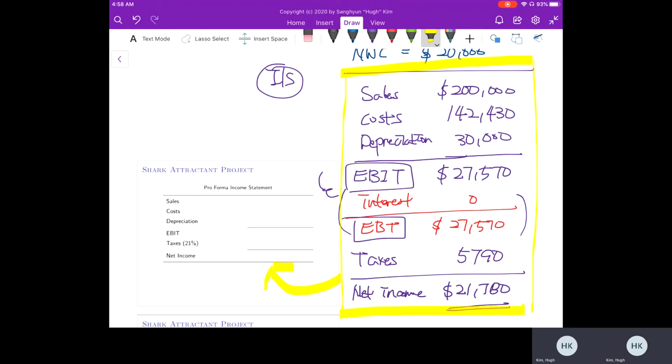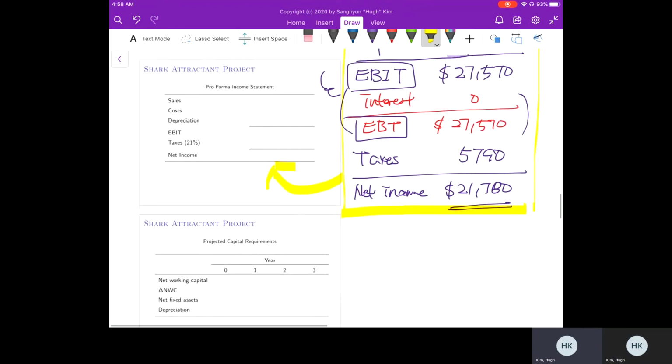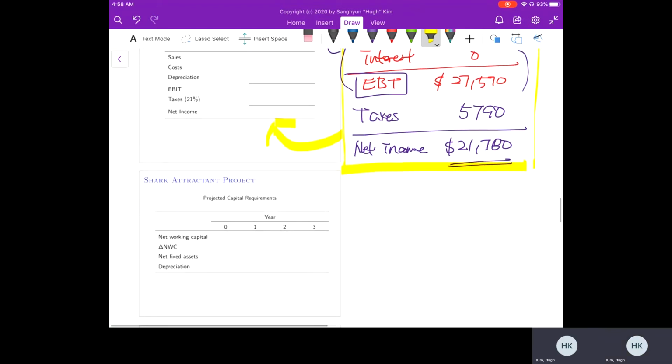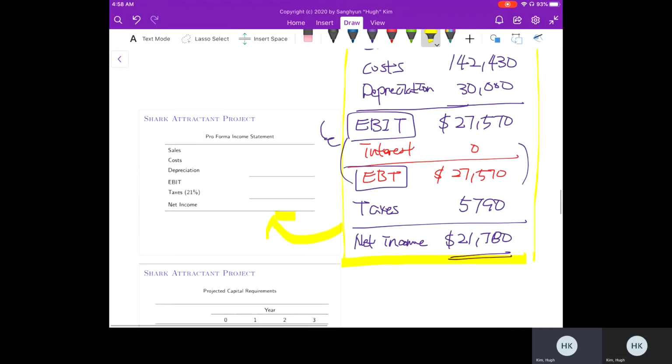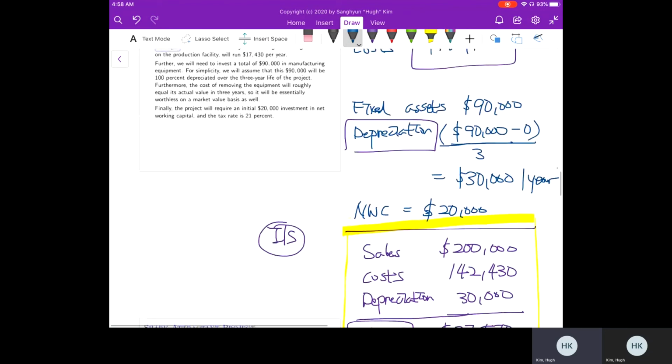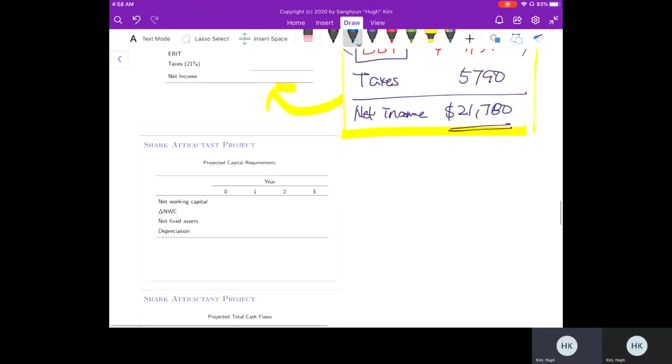Next, we're going to look at the projected capital requirements. So the net working capital requirement is $20,000 for the project.